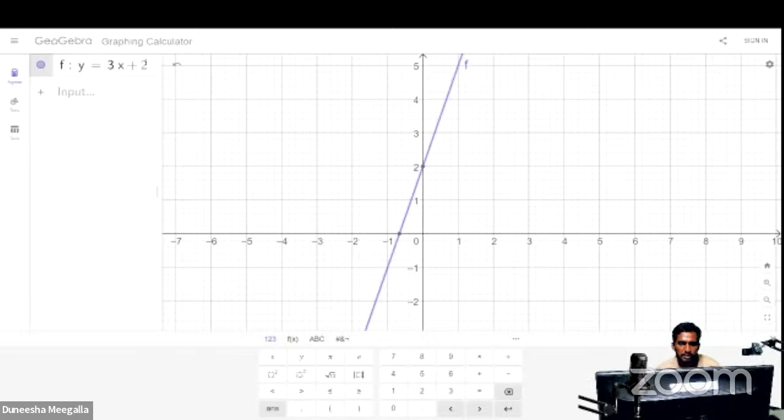What is the point? (0,2), isn't it? Did you see where it cuts? At (0,2), right? Aksha? Satish? At (0,2). Okay. Let me add one more example to this.